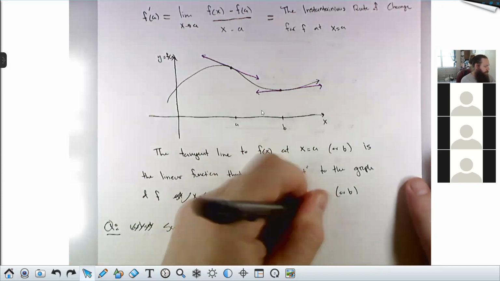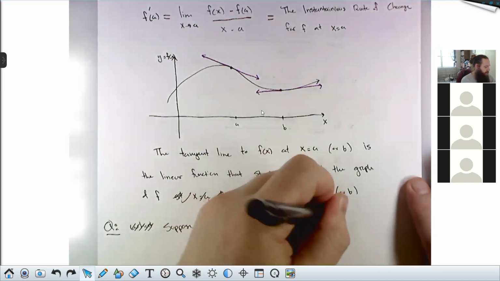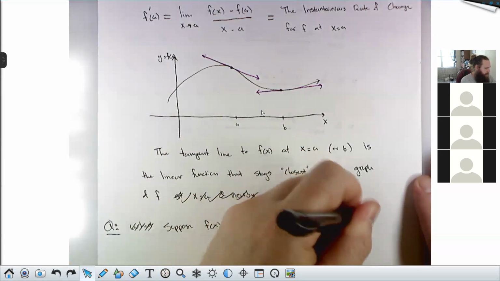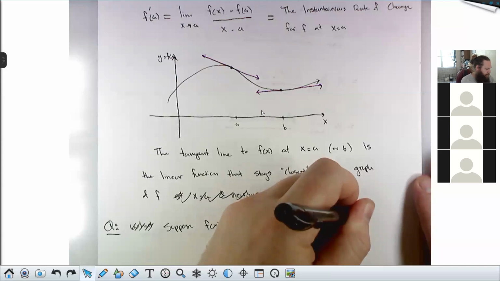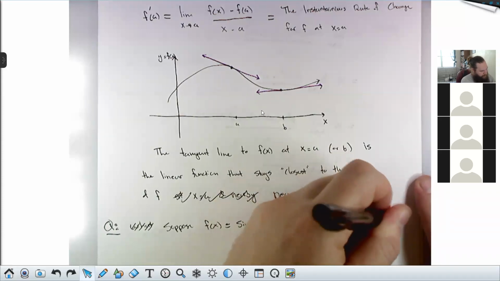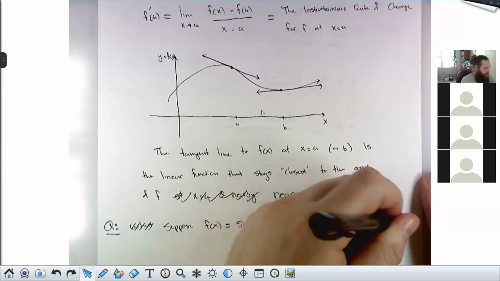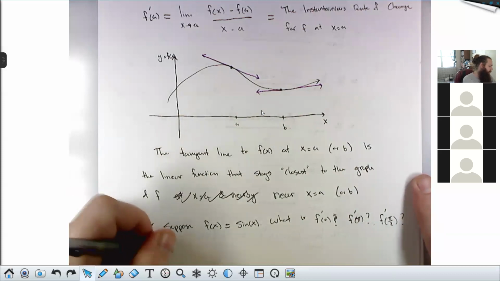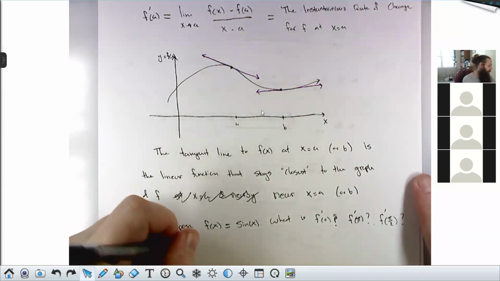What is f prime of 0? f prime of 1. Sorry, let me not do 1. How about pi? f prime of pi over 2. And f prime of a in general.